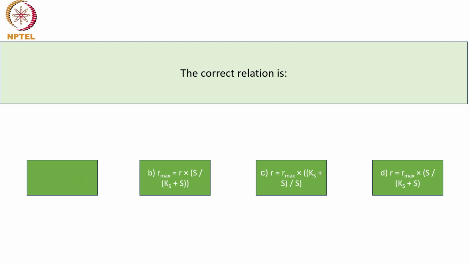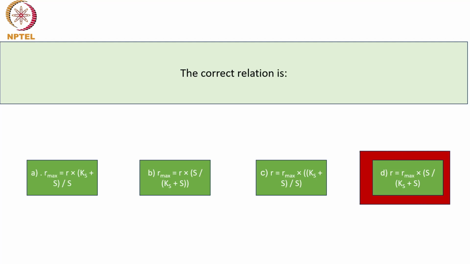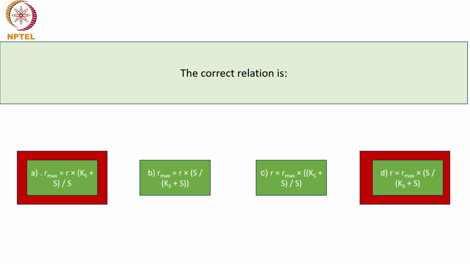Okay. The correct answer is A and D. A and D. It's not B and D.